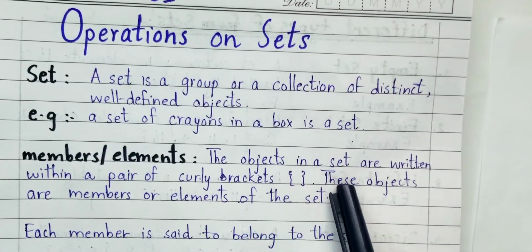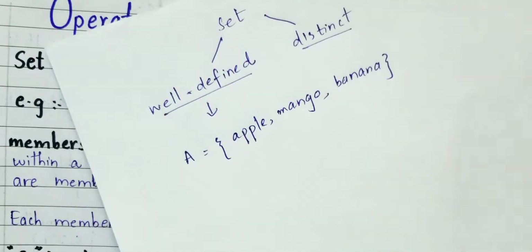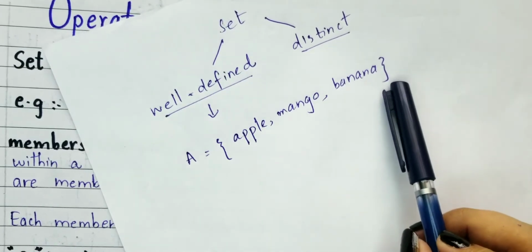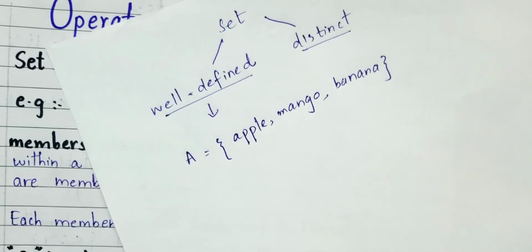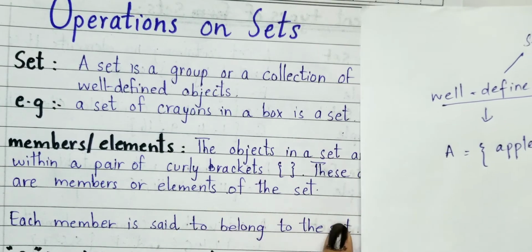The objects in a set are written within a pair of curly brackets. So one thing, when we talk about the elements, is that the objects of a set are written within curly brackets, right? We put the objects inside the curly brackets, and the second important thing is that these objects are members or elements of the set.